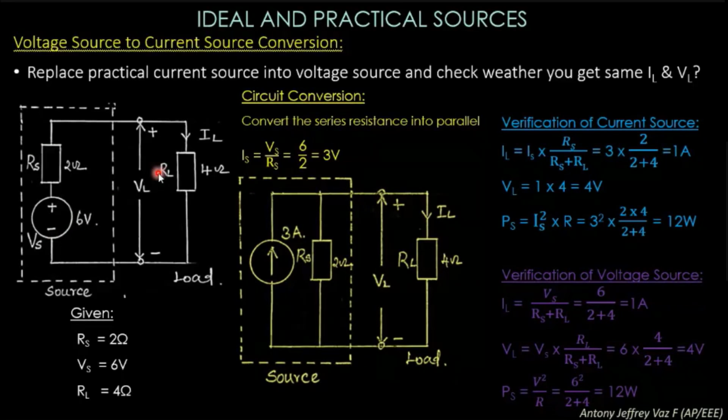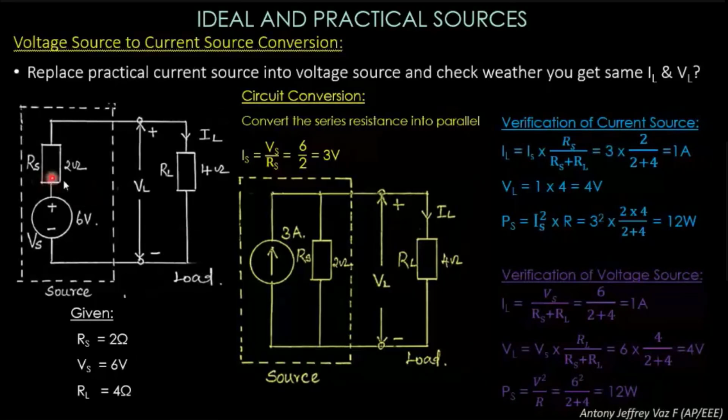To do this, in the initial stages, we are going to convert the series resistance into parallel. You can see in this, the voltage source and the Rs, that is the source resistance, are connected in series. So now we are going to convert this series connection into parallel like this.